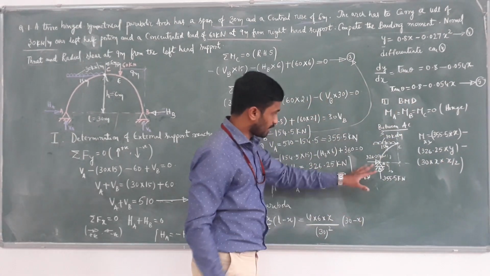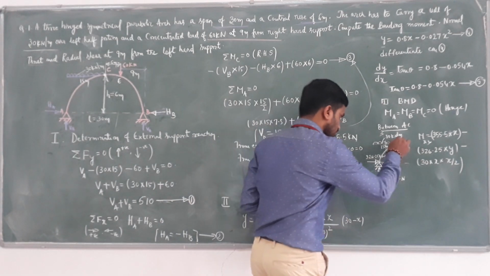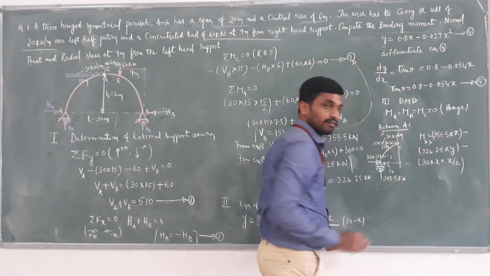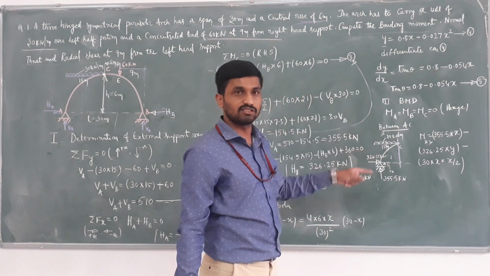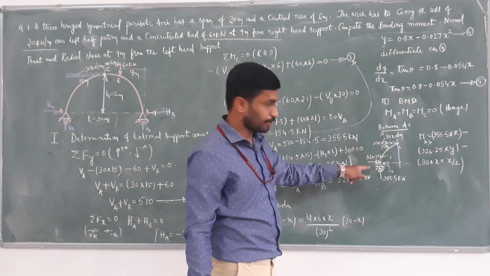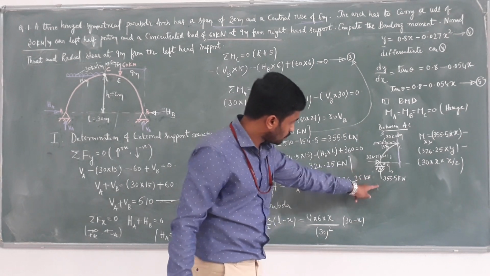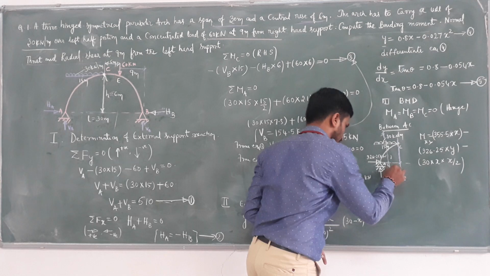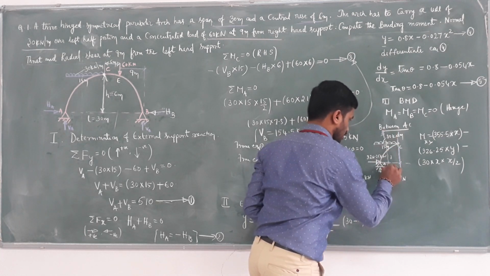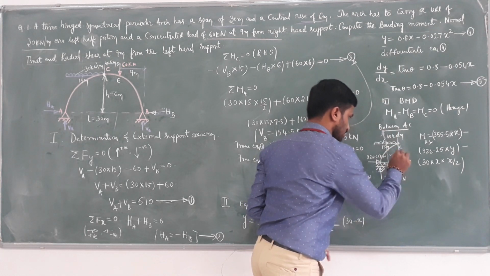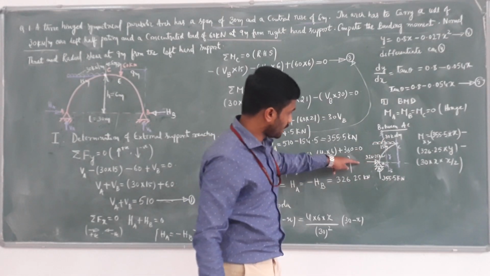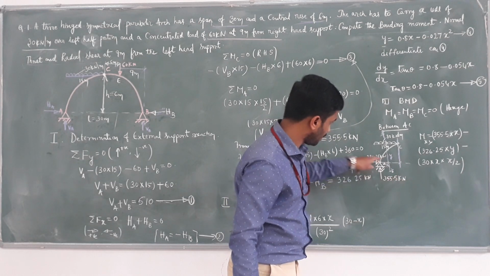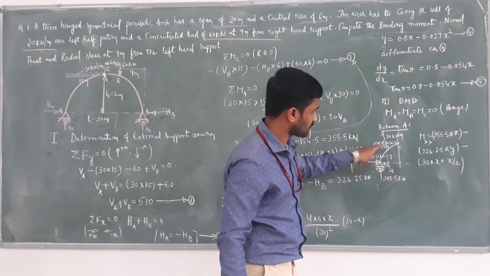Please observe carefully. I have considered the AC portion exactly half, that is 15 meter span, but I want to compute the maximum moment. When computing the maximum moment, I have taken this section xx, the horizontal distance as x and the vertical distance as y. So minus 326.25 into y, minus 355.5 into x, and 30 into x by 2.